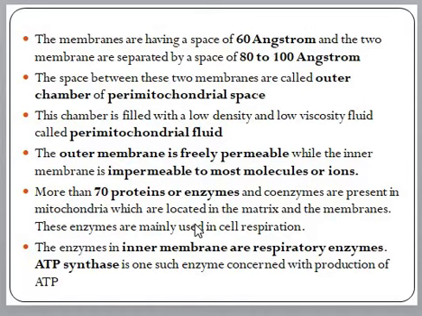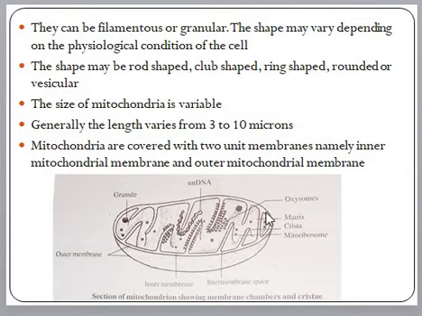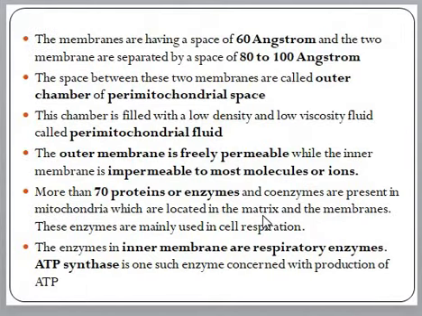Each membrane has a thickness of 60 angstrom, and these two membranes are separated by a space of 80 to 100 angstrom. The space between the outer membrane and inner membrane is called the perimitochondrial space, and it is filled with a fluid which has less viscosity and very low density, called the perimitochondrial fluid.